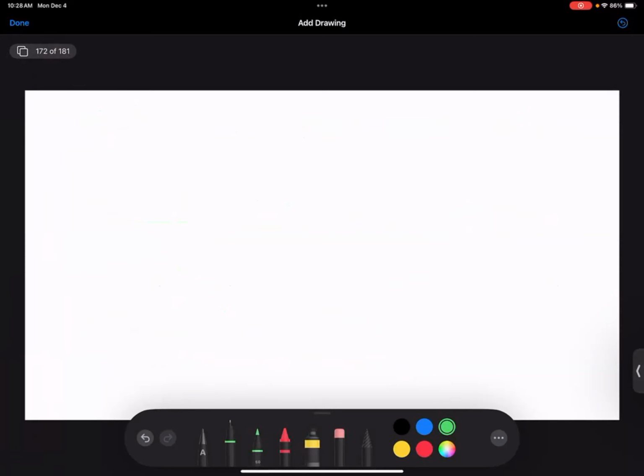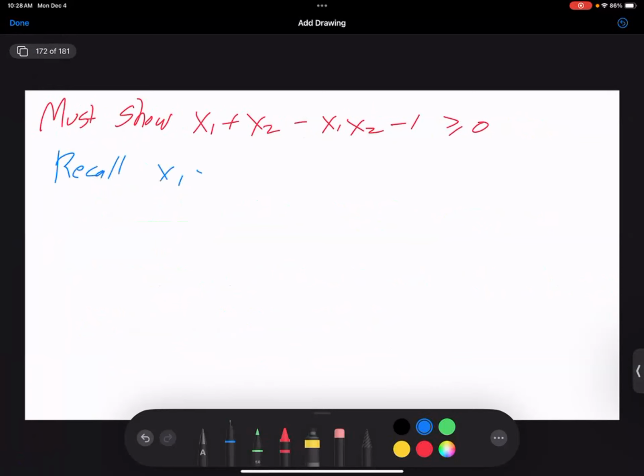Okay, so we must show x1 plus x2 minus x1 x2 minus 1 is greater than or equal to 0. And recall, we have x1 greater than 1 greater than x2. So I claim the left-hand side is x1 minus 1 times 1 minus x2.